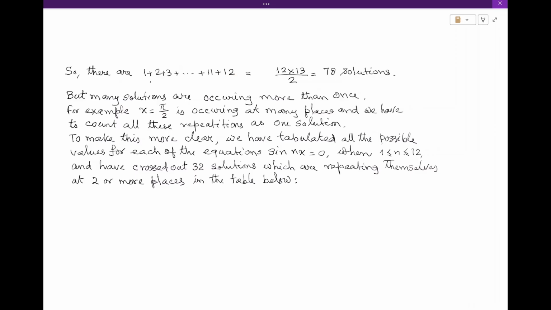So the total number of solutions is 1 plus 2 plus 3 plus 4 up to 12, and that is 12 into 13 divided by 2, that is equal to 78 solutions.